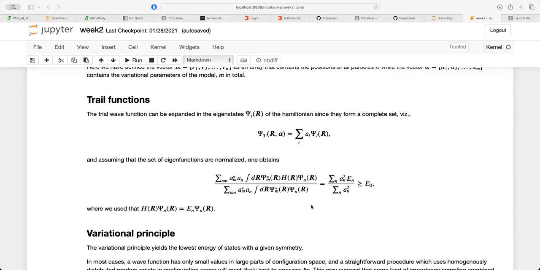As we also discussed last time, even if we don't know what the lowest energy is, we know that the variance, which is a statistical quantity, the expectation value of the energy squared minus the mean value of the energy squared, is exactly 0 in case we have the exact wave function.